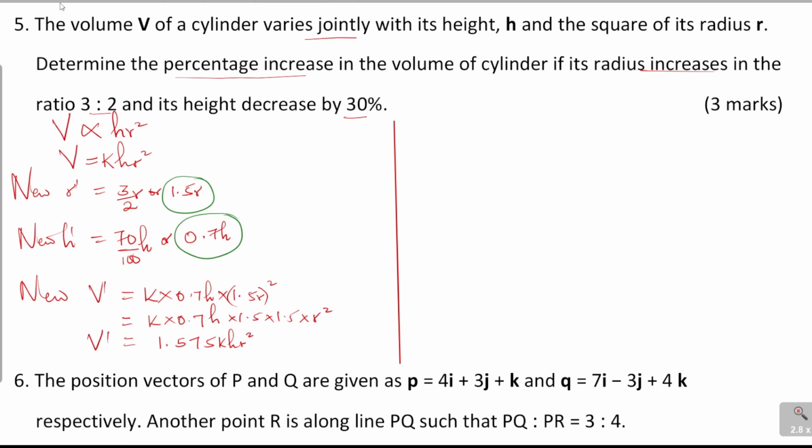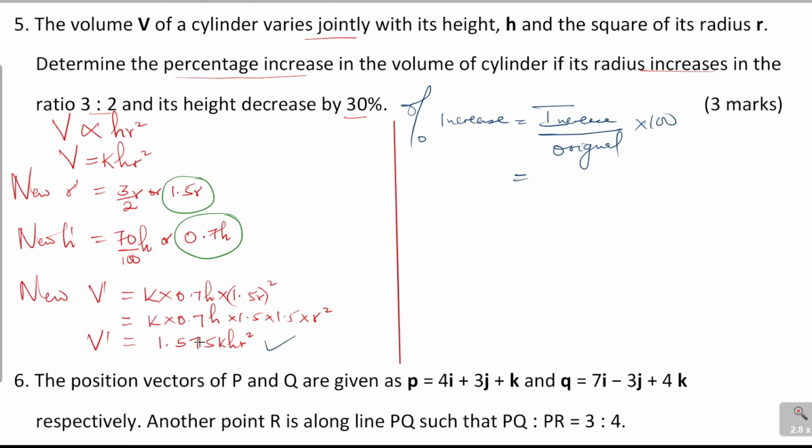Now, having obtained the new volume, we can calculate the percentage increase. Percentage increase in volume will be given by the increase divided by the original volume multiplied by 100. How do you get the increase in the volume?